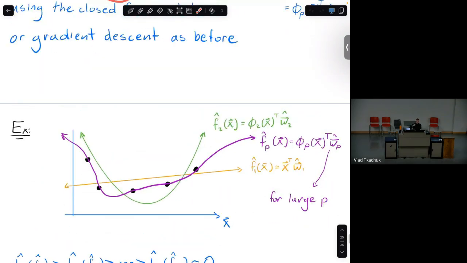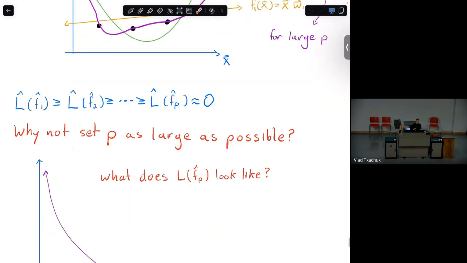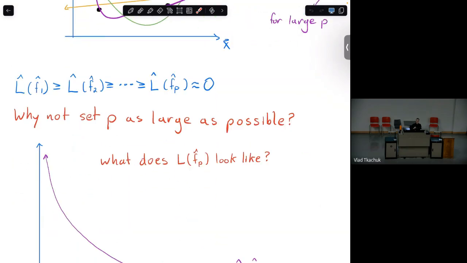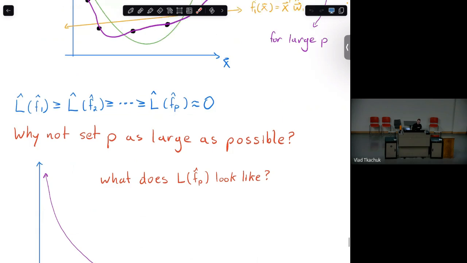Visually, the way you can think about the predictor you output is as follows: as you increase P, you get something that fits the data points in your data set better and better. I wanted to make one other point more explicit, because this is going to be a very important plot.